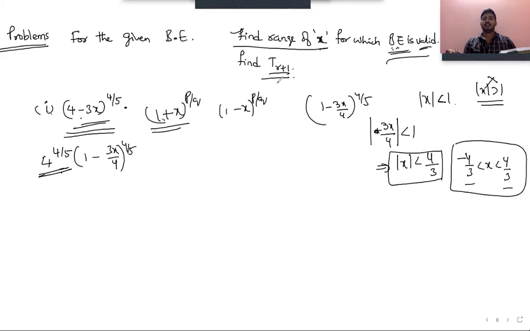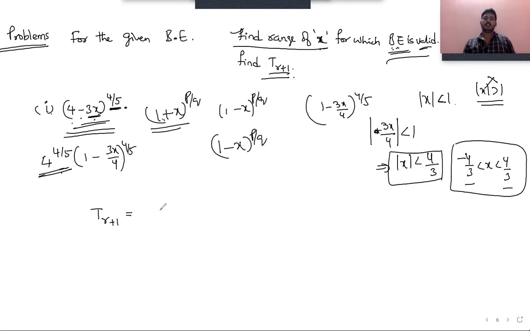Now for the second, the general term. T(r+1) equals, here it's (1 minus 3x by 4) power 4 by 5, so in the place of x, it's minus x. So it's in the form of (1 minus x) whole power p by q.